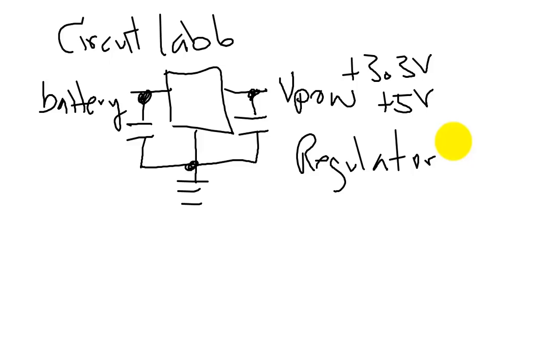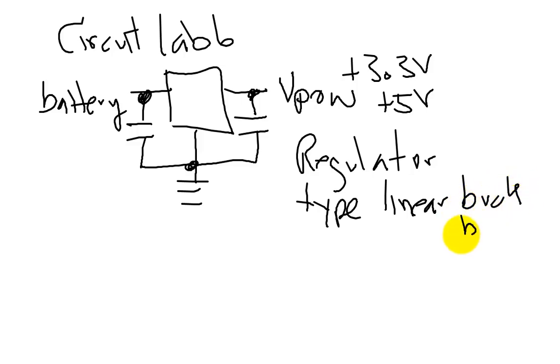I did ask the type question. I've asked that before, right? We have linear, we have buck, we have boost, and we have buck boost. An important parameter for a linear regulator is what?